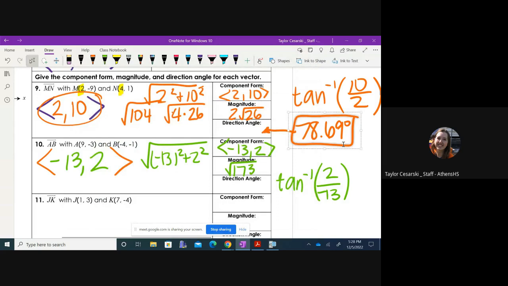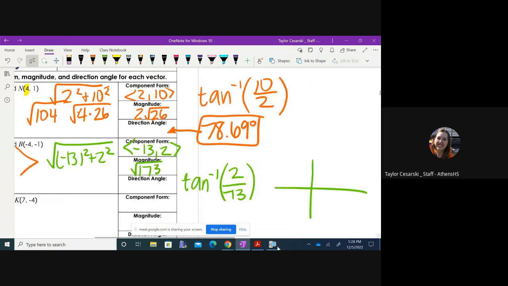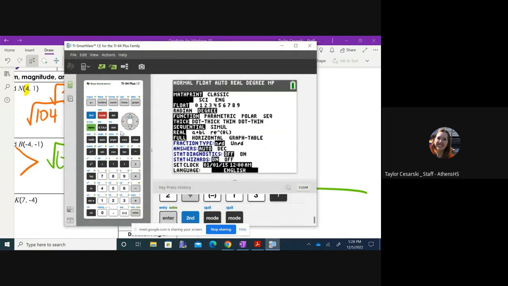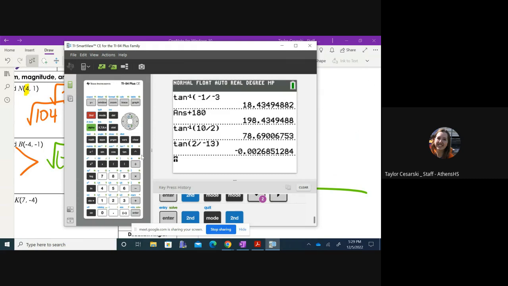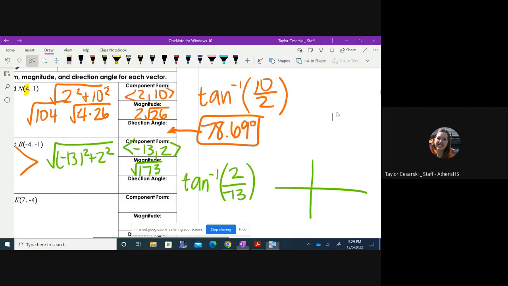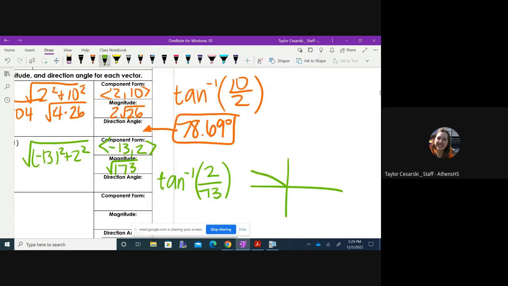Okay. Let's make sure we're in degree mode. Oh, that's because I did tangent, not tangent inverse. Okay. Tangent inverse of 2 over negative 13, sorry about that, is negative 8.746. All right, so negative 13, 2 is in quadrant number 2 because x is negative and y is positive.